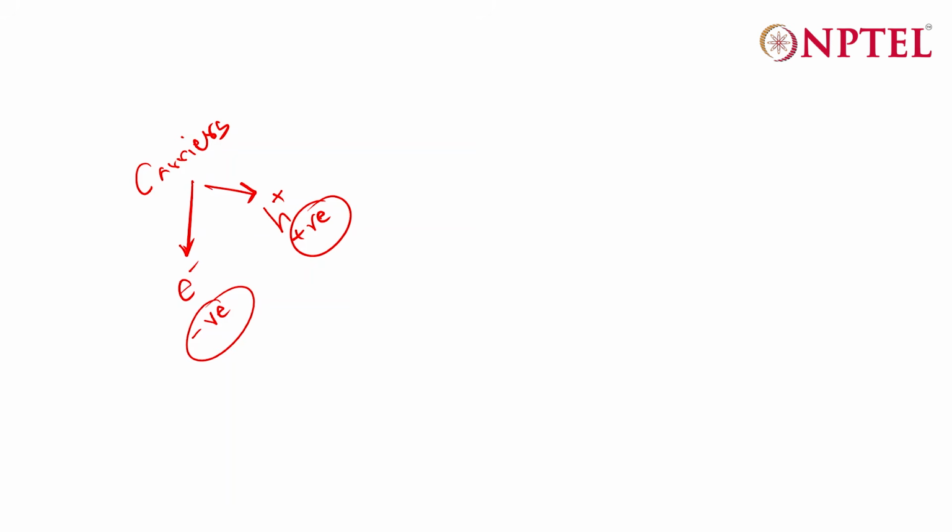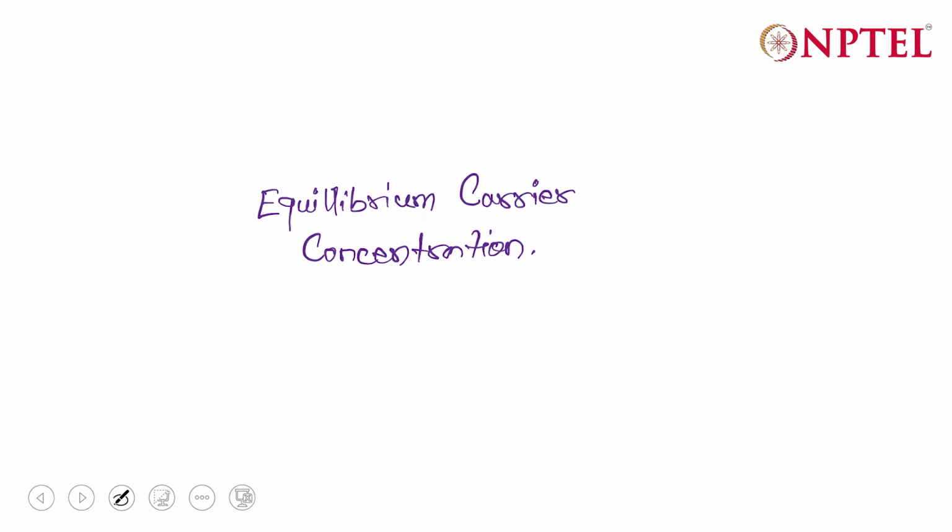And in semiconductor, if you look at the carriers, you'll find both type of carriers, electron and hole, that is positive and negative. Both type of carriers are possible inside a semiconductor, and that is, you can say, one of the major advantages the material provides.